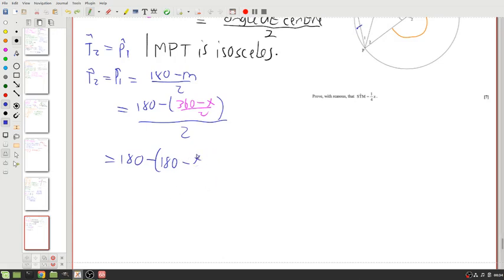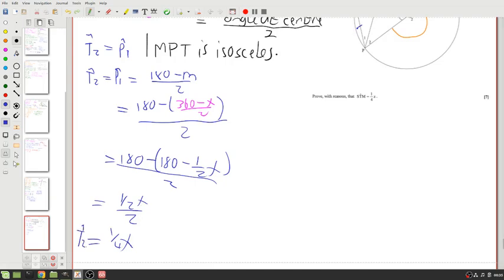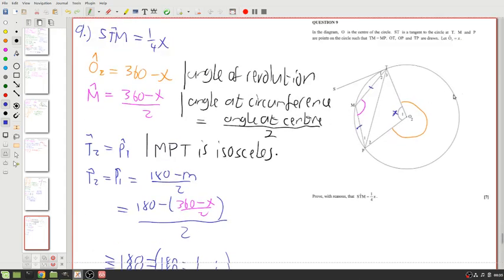Or let's rather call it half x, because at the end we want something in the form of quarter x. So 180 minus 180 is nothing, and then negative half is positive half. So we've got a half x over 2, which gives us a quarter x. So we know that that is angle T2 and angle P1, but let's leave it at T2. So we've calculated T2 to be a quarter x.